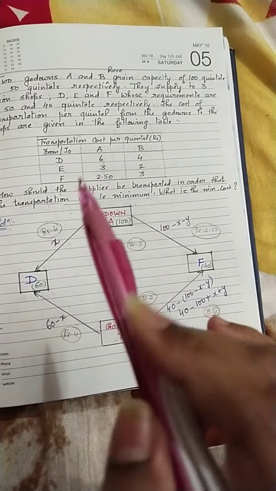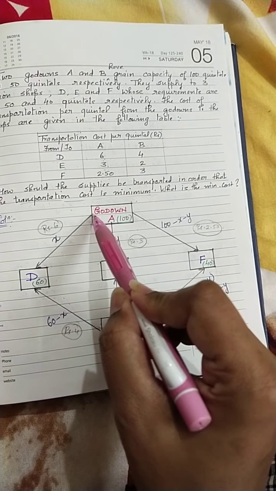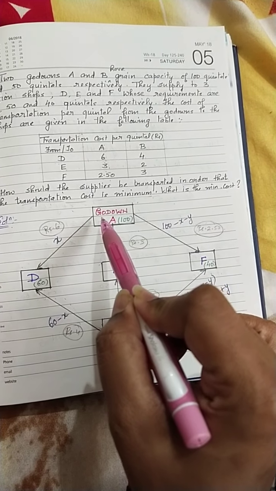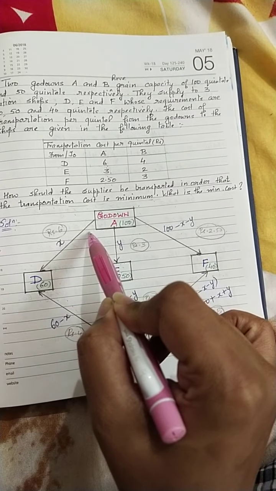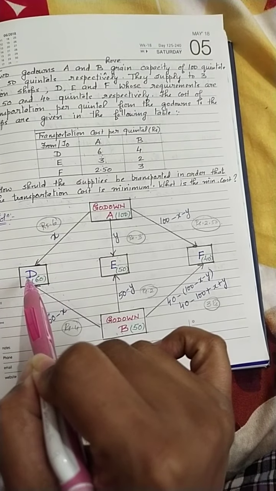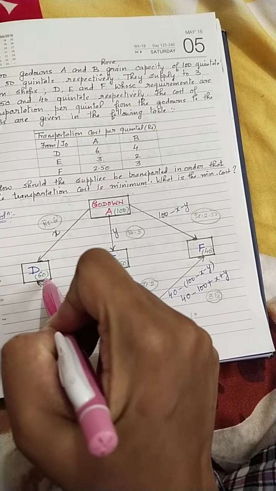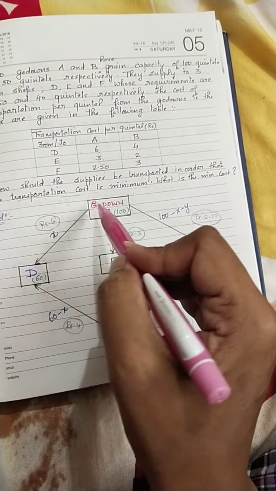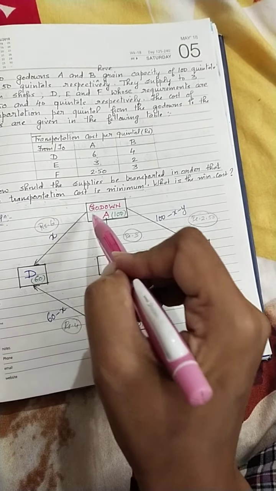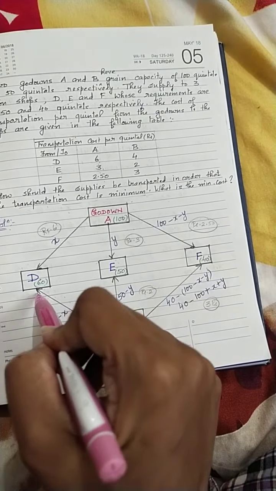For example, first assume that from godown A, X quintals are supplied to D. D requires 60, and of that, godown A supplies X quintals.